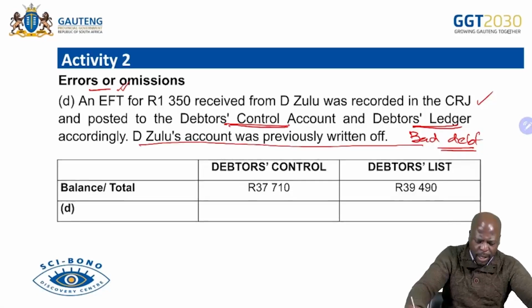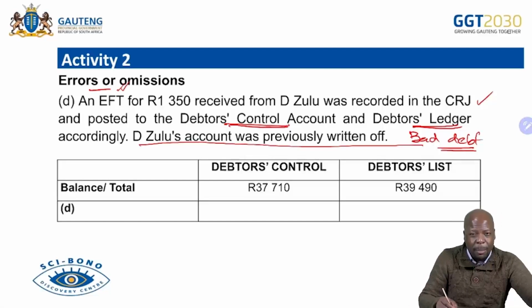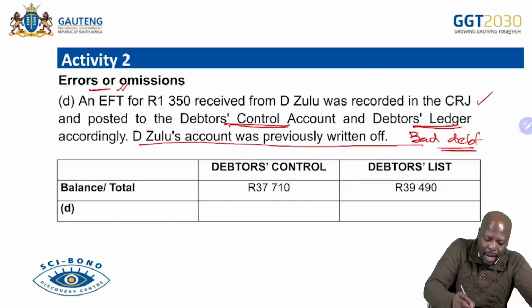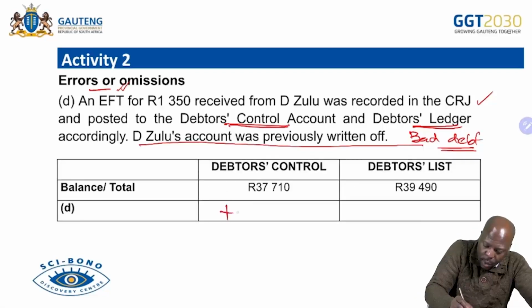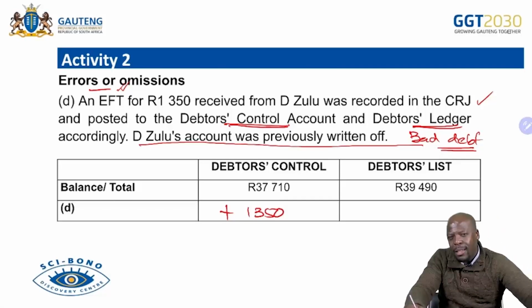This is how we would correct it. Was the error in the control? Yes. What did they do? They subtracted 1,350. Were they supposed to subtract it? Again, I repeat, no. So what do I do? I come and I say plus 1,350. Was the error made in the list? Yes. They subtracted 1,350. Again, was it supposed to be subtracted?